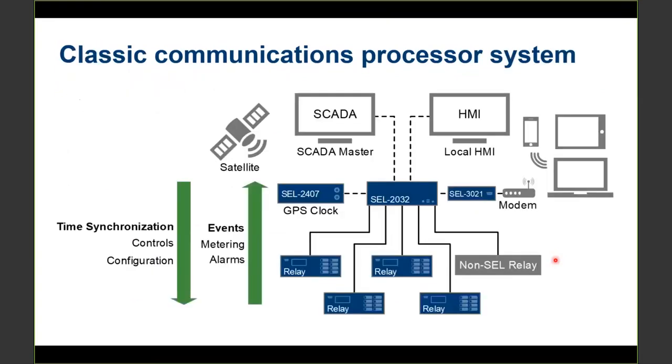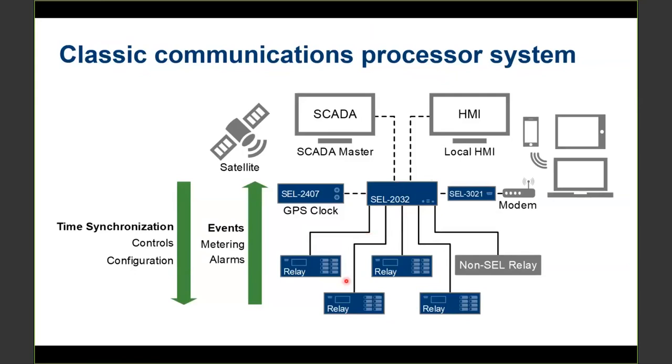So here in this slide, we have the 2032 in a typical classic topology. In this application, the 2032 device is providing a Modbus or DNP interface to the SCADA system or HMI, and polling relays using SEL protocol.